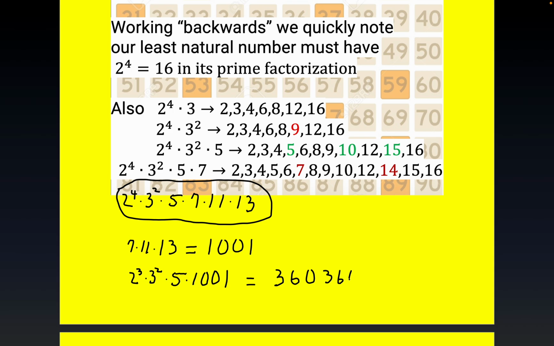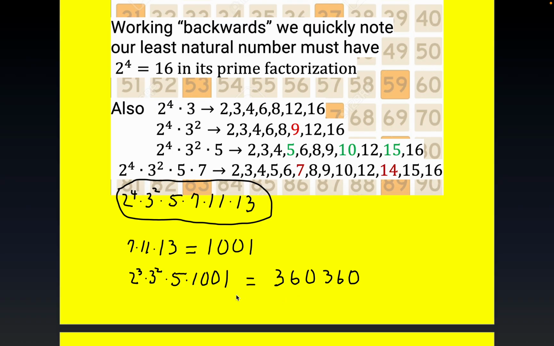Now you're saying, how did that happen? Well, one of these 2's is going to go with the 5 to give you the trailing 0 in the number. And then you would have 2 squared times 3 squared, which is 36. So now you multiply 36 times 1001, you get 360,360, and that's kind of neat.